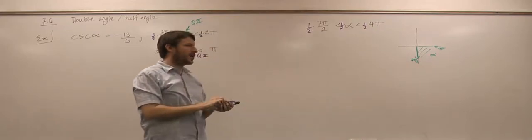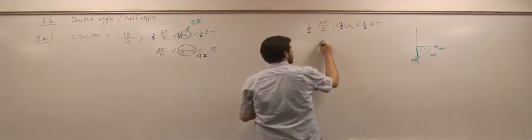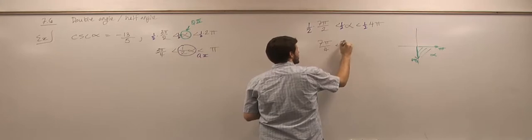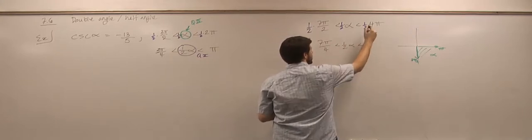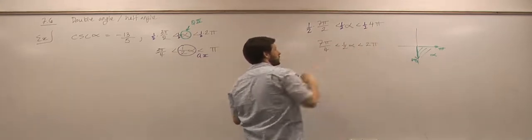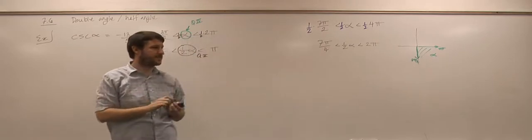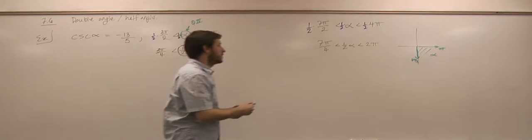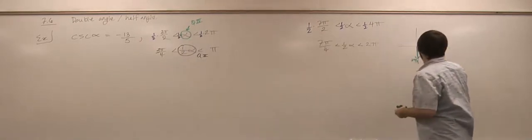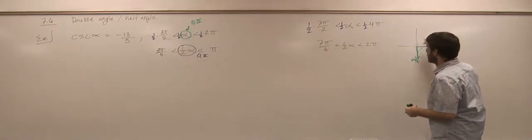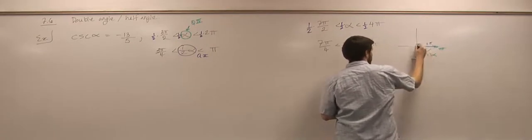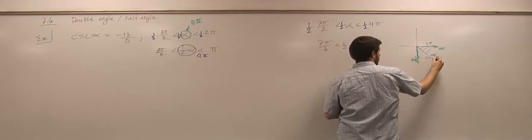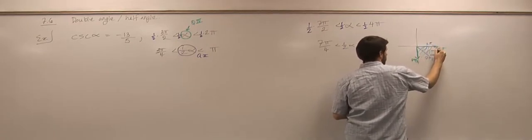You get 7 pi over 4 is less than 1/2 alpha, which is less than 2 pi. So what quadrant is that in? 4. You landed in 4 again, because 2 pi is right here and 7 pi over 4 is down here. So here's alpha over 2.